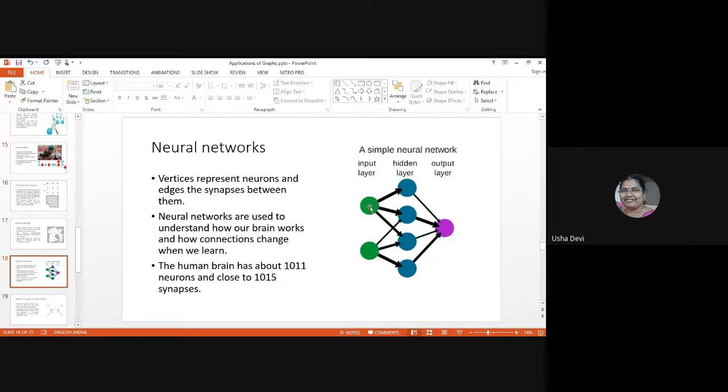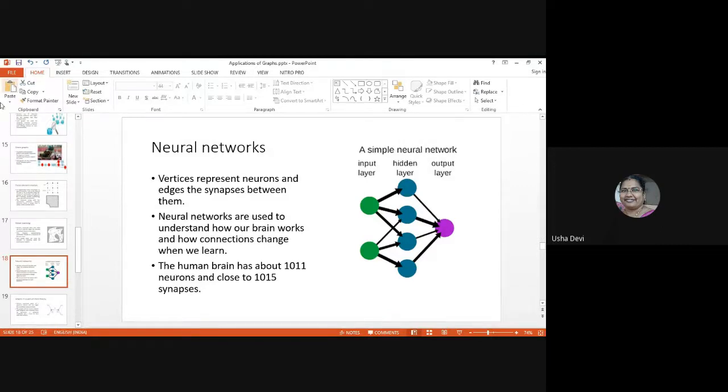Here also there is a transmission from one to another. So that reflects a simple neural network. Like this, you may have many hidden layers, depending on how much you process internally, and that reflects a deep neural network also. That could also be one application of a graph.